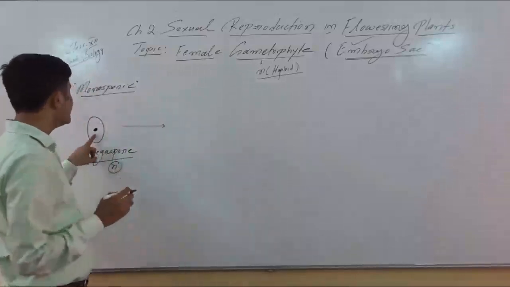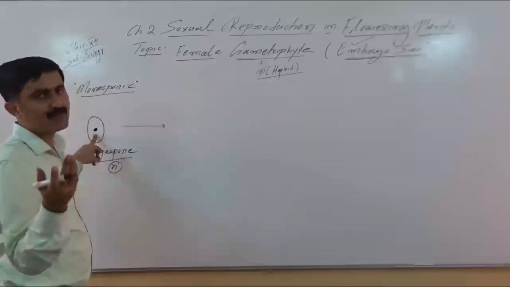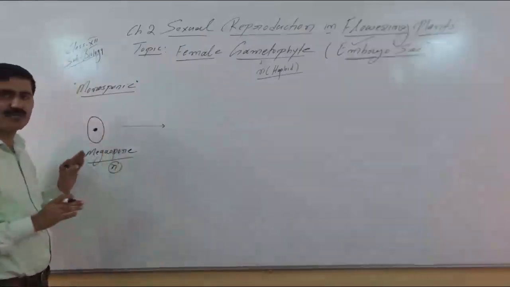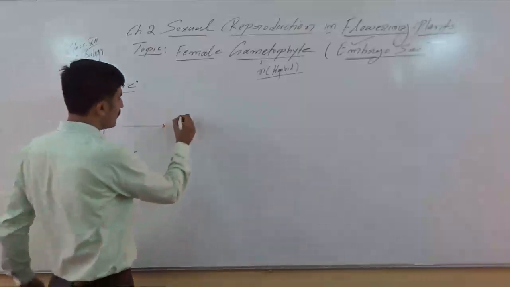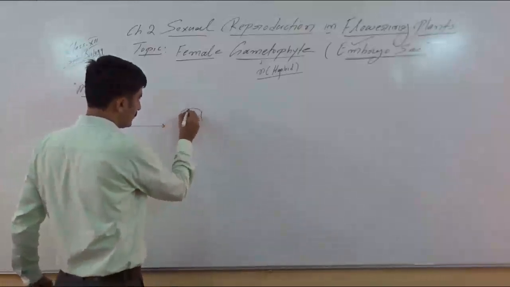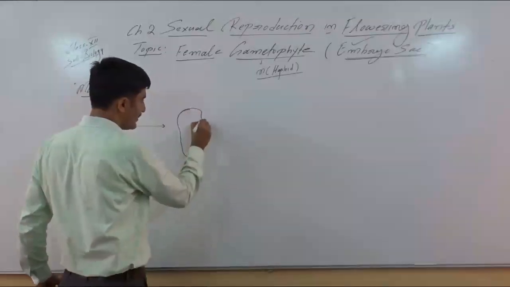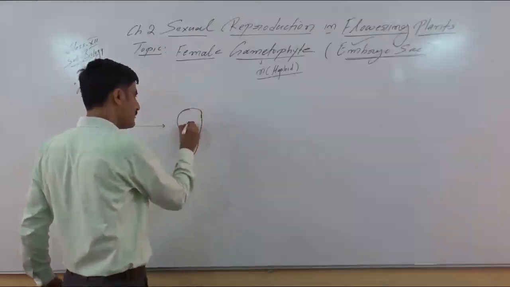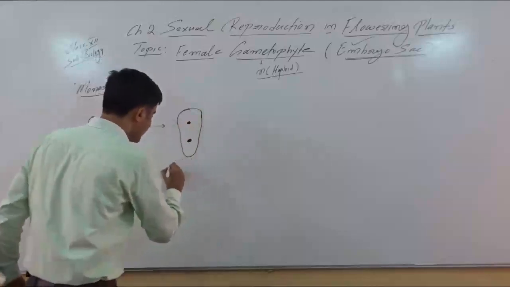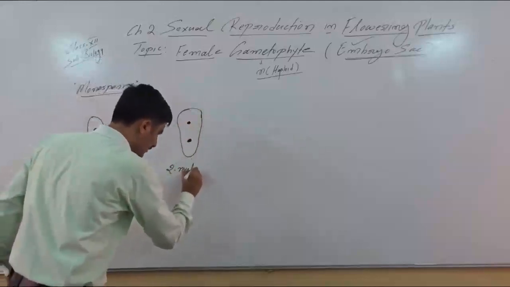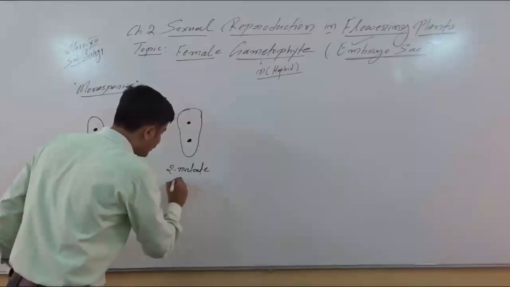So there will be free nuclear division. Free nuclear means here cytoplasmic division will not take place. Only the nucleus will divide, and there will be formation of 2 nuclei. That is called the 2 nuclear stage.